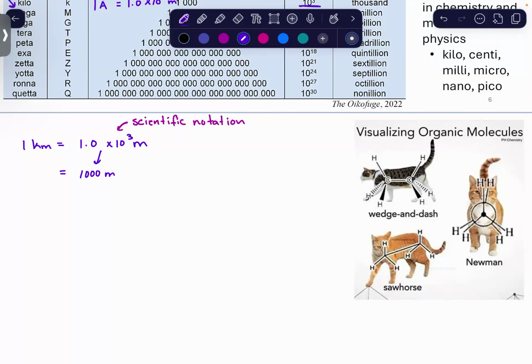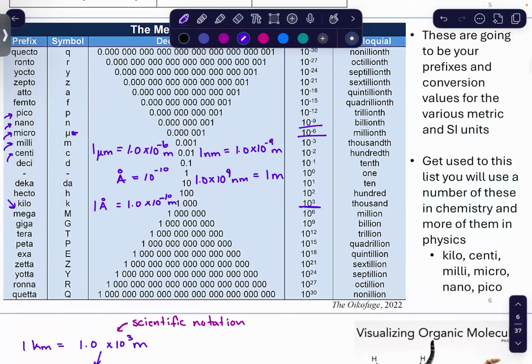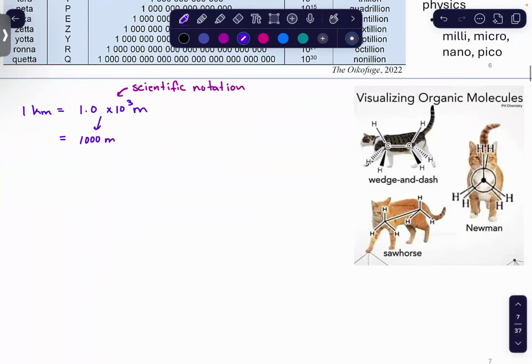I don't really care how you write it with these smaller numbers. When you're doing assignments, you want to switch to scientific notation if your numbers start getting ridiculously large or small, but otherwise, you can keep them in standard notation. There's also a centimeter. Well, centi, where's it at? Centimeter is 10 to the negative 2.